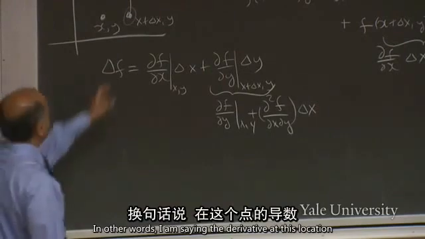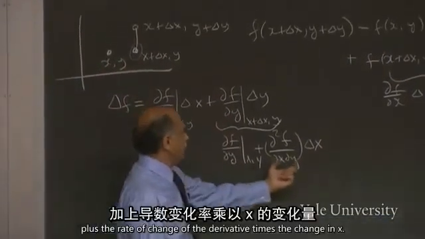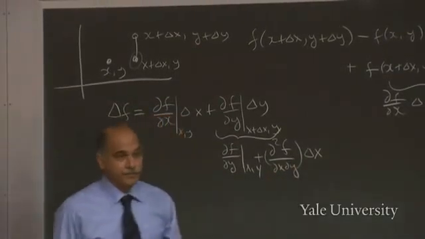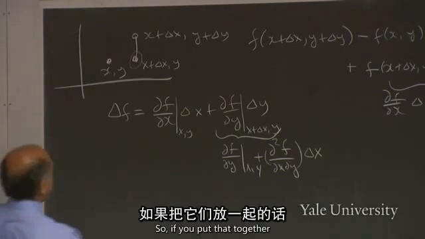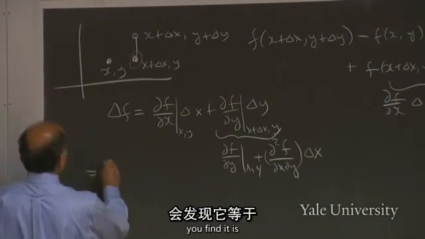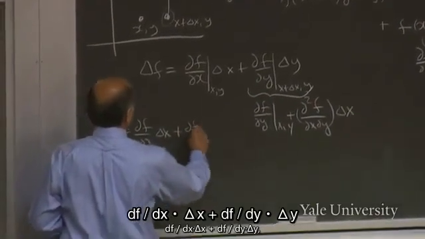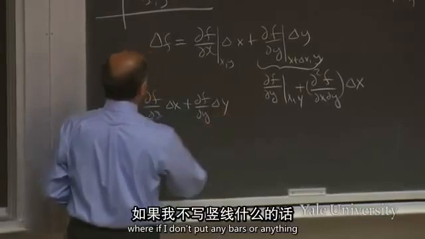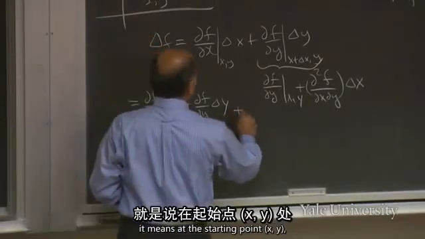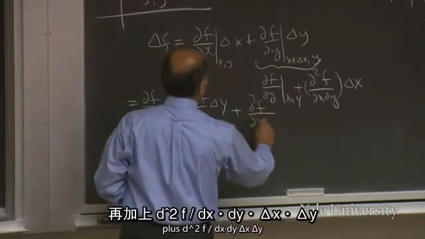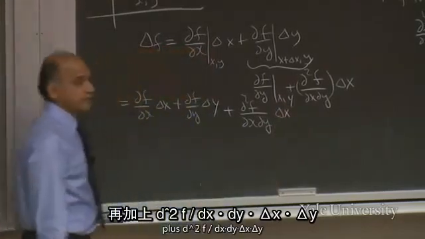In other words, I'm saying the derivative at this location is the derivative at that location plus the rate of change of the derivative times the change in x. In other words, the derivative itself is changing. So if you put that together, you find it is df dx delta x plus df dy delta y, where if I don't put any bars at anything, it means at the starting point xy, plus d2f dx dy delta x, delta y.